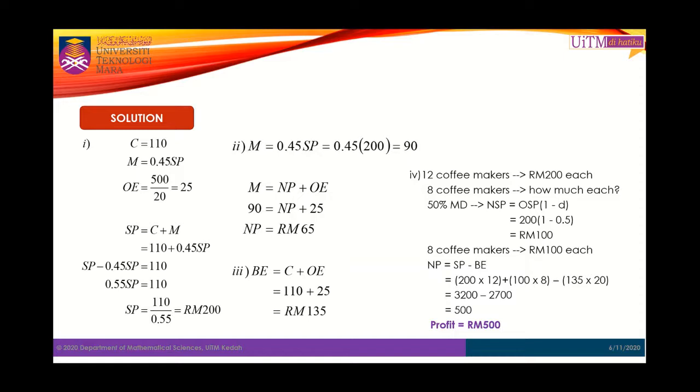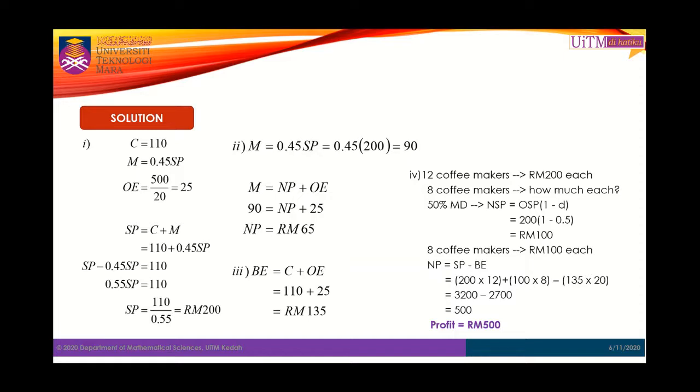Based on the formulas, the net profit for the whole item is simply equal to SP minus BE. That is the total amount of sales minus the total cost. The total cost here is the cost of the product itself, including the operating expenses. That is the break-even.